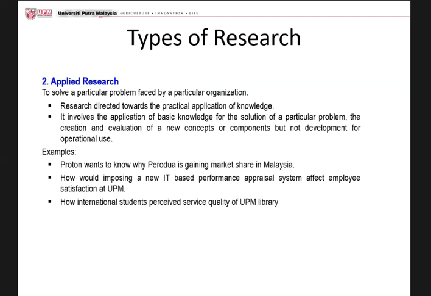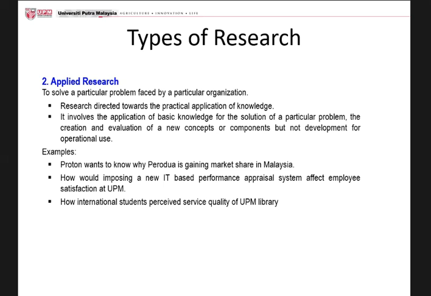So the problem is very specific, and focused on Perodua. Why Perodua? Because it's another car manufacturer. Why are they gaining market share? Very focused. Not the overall direction of the automotive sector. That's different. So this is a specific one.